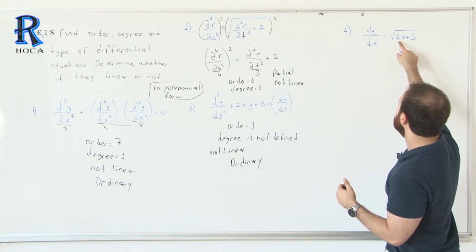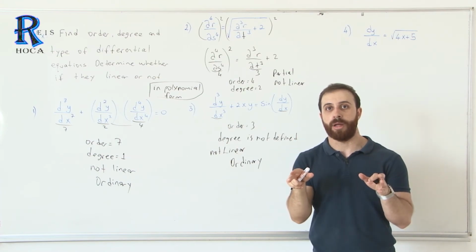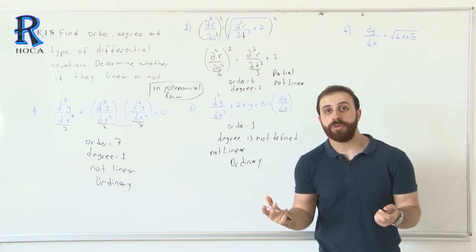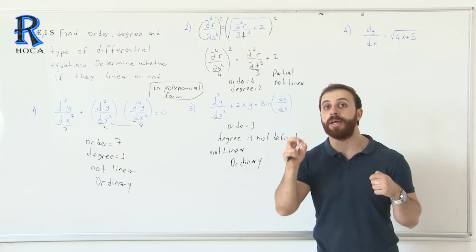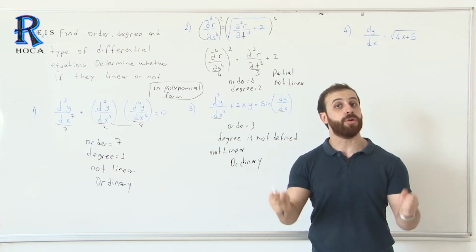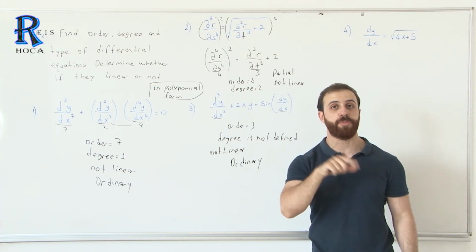If we have a derivative inside the square root, of course, we must take the square of both sides. But here, with respect to derivative, there is no problem for us. So no need to take the square to remove the square root. This is important because it must be in polynomial form with respect to derivatives.